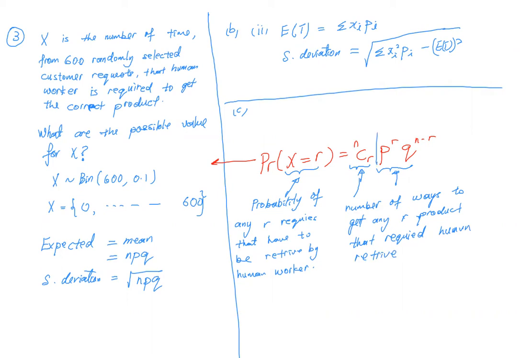And this one is the probability for the one way to happen. So these are the things that they may ask you, okay?